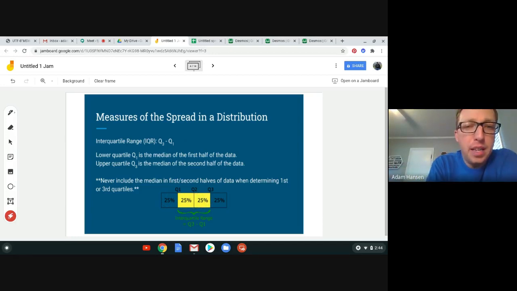Now, when I find the IQR, the interquartile range, I'm talking about the total difference or spread of the middle 50% of the distribution. Between Q3 and Q1 would lie the middle 50% of the data.